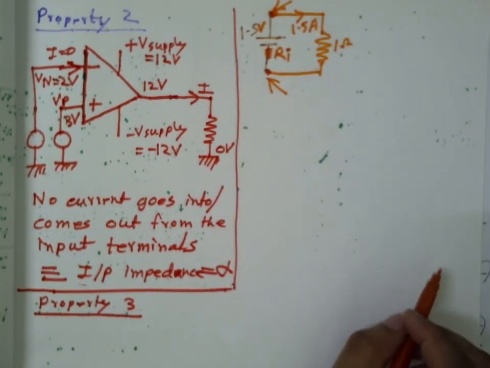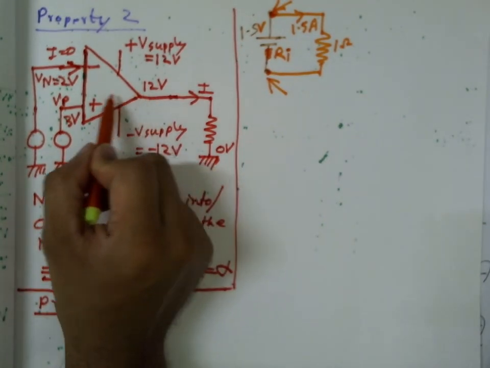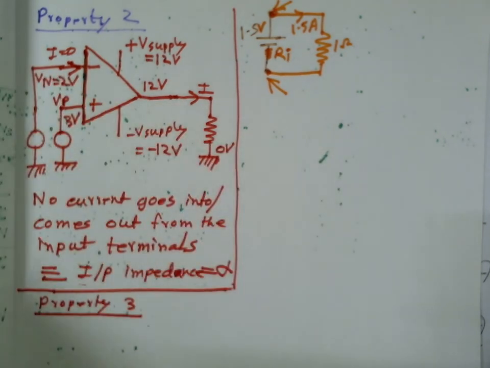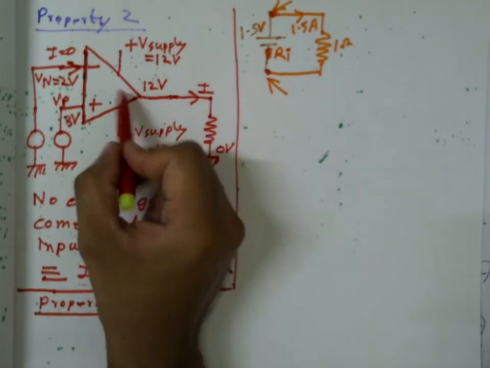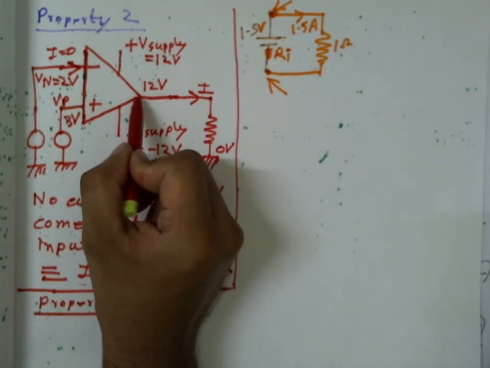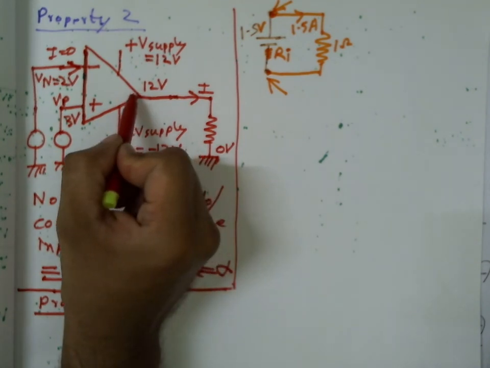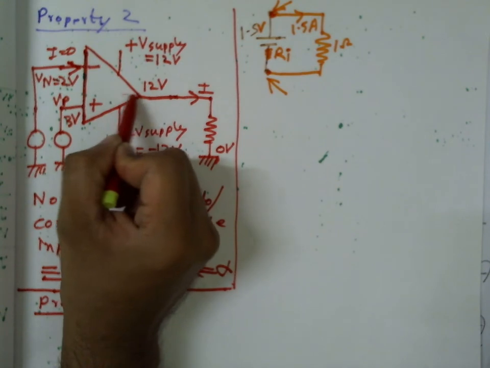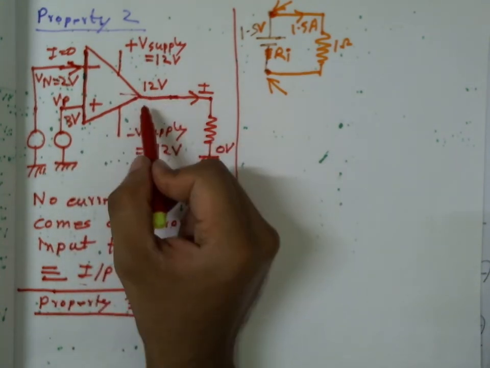But in case of an op-amp, if you connect a resistance like this, then this voltage never drops, because the internal resistance inside this op-amp is 0.